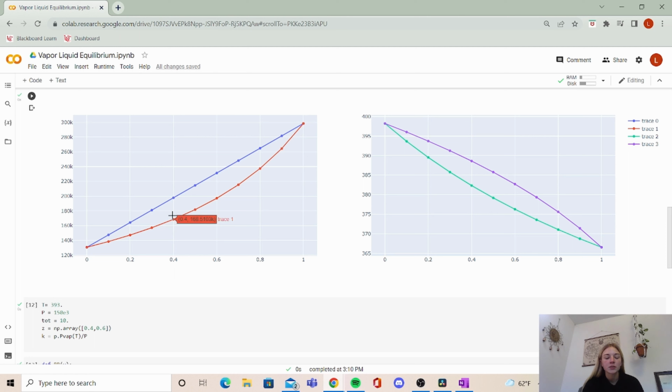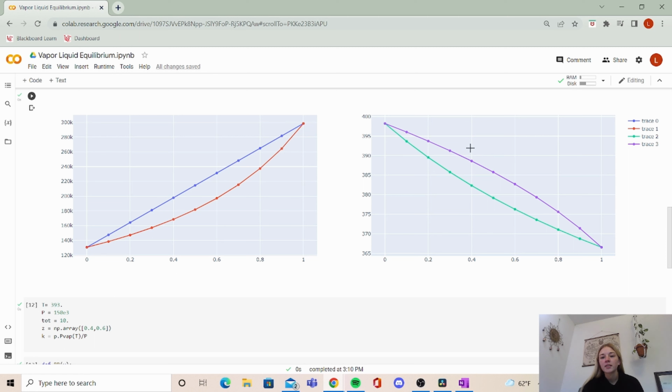So that means that we're going to have all liquid, or all vapor, I'm sorry, because our pressure is too low for it to reach that dew point where that first drop of liquid is going to form. We can also look over here at our constant temperature and see we have 0.4, we go up to 393, and that's going to be above our dew temperature also.